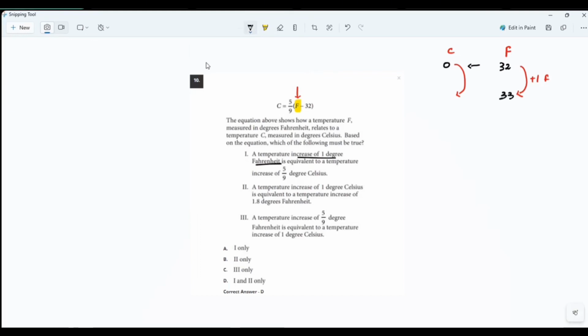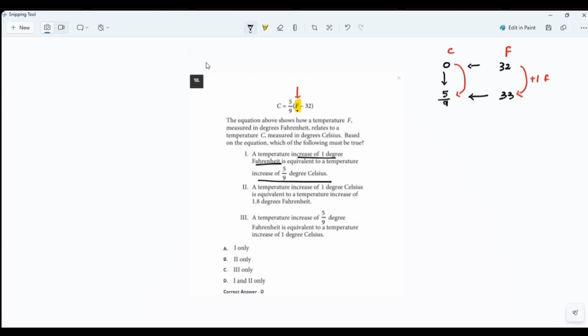If I substitute 33, what is 33 minus 32? 1. 1 times 5/9 is 5/9. Which means how much has this changed? It has changed from 0 degrees Celsius to 5/9. Is it an increase of 5/9 degrees Celsius? Yeah, correct.